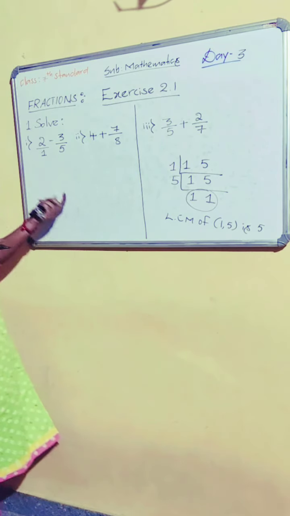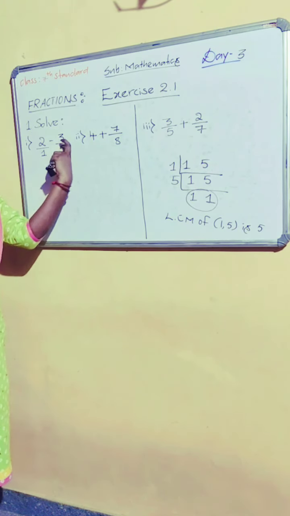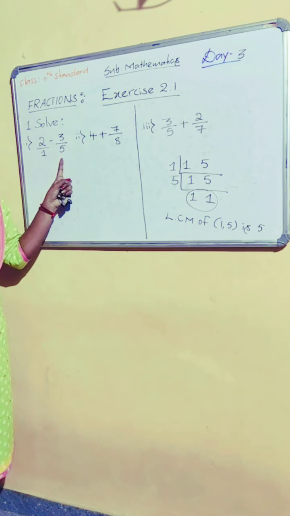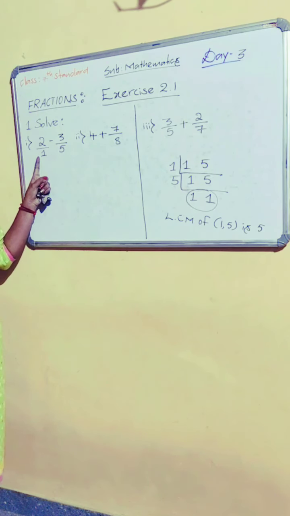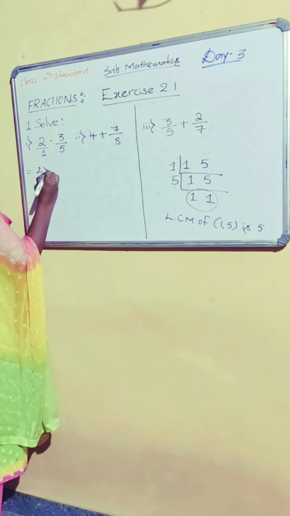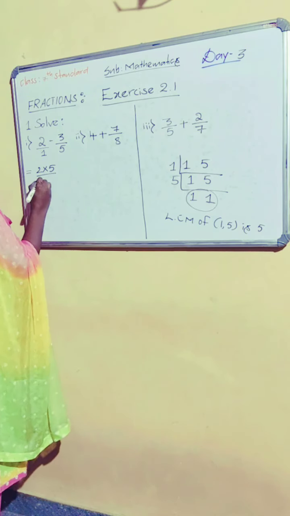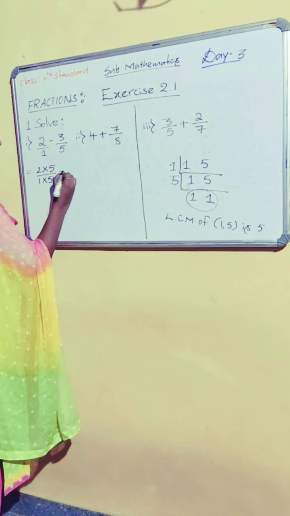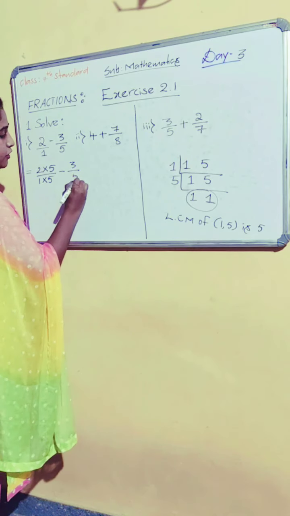If you observe, this fraction already has the denominator 5, but here we do not have the denominator 5. So what do I have to do? I have to multiply both numerator and denominator by 5, that is 2 into 5 by 1 into 5 minus 3 by 5.